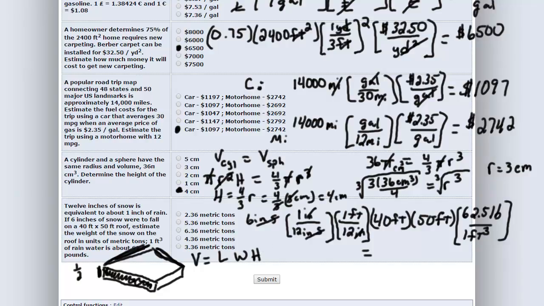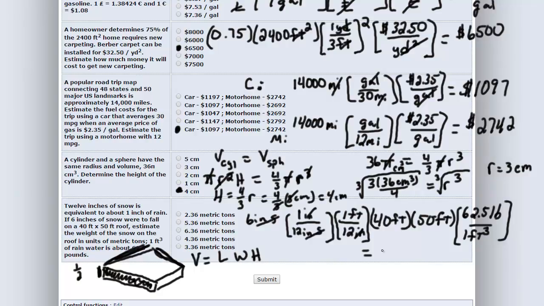And so we have the thickness here, and then the length and the width of the roof. And so we multiply that by 40, and we're going to multiply that by 50, and then we're going to multiply that by 62.5. And I get 5208 pounds.